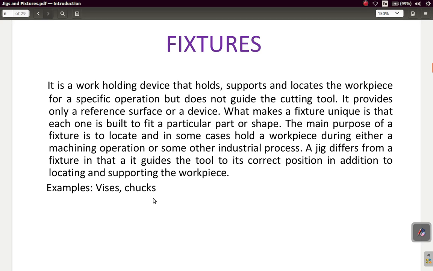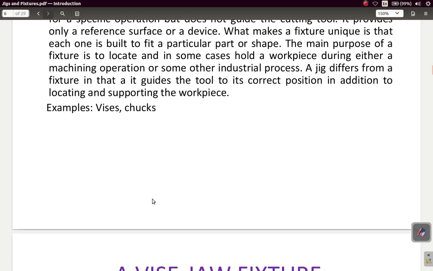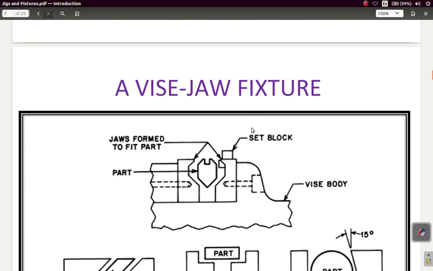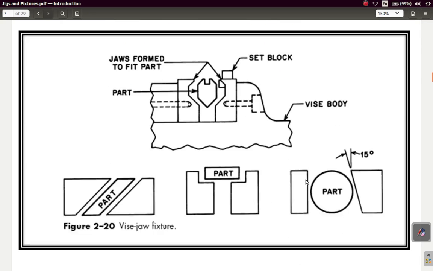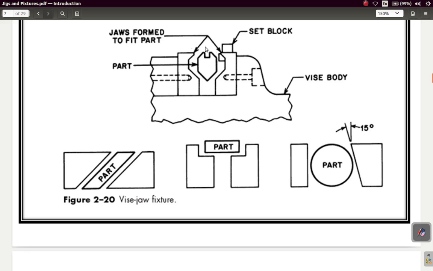Once you clamp the workpiece in the vise, it won't move again, right? A vise jaw fixture: you have the vise jaw, the part to be placed in the vise, and the vise body. The vise is made to be located at one place and not to be moved around.